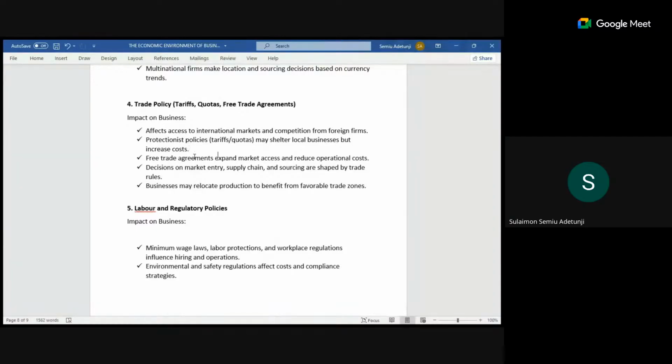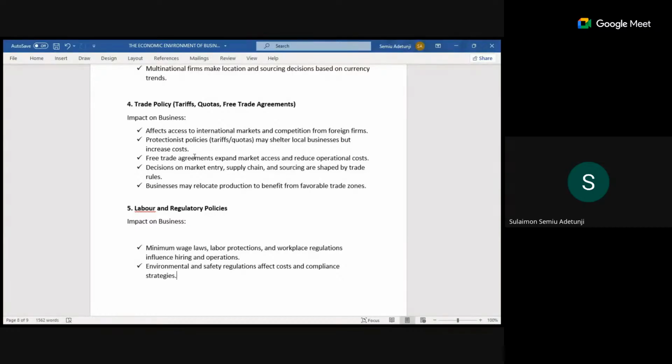Labor and regulatory policies. Impact on business. Minimum wage law, labor protections, and workplace regulation influence hiring and operations. Obviously, when there is a law that regulates how much you pay your staff, and what post-employment scheme is available to your staff, it will influence hiring and the operations.